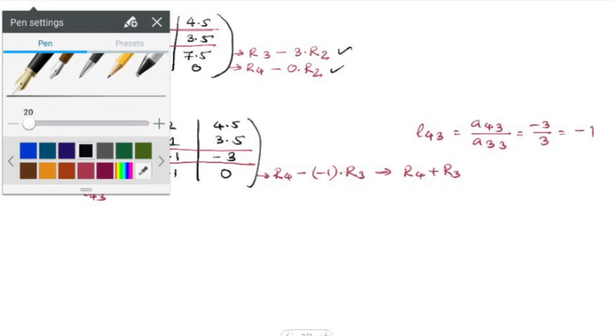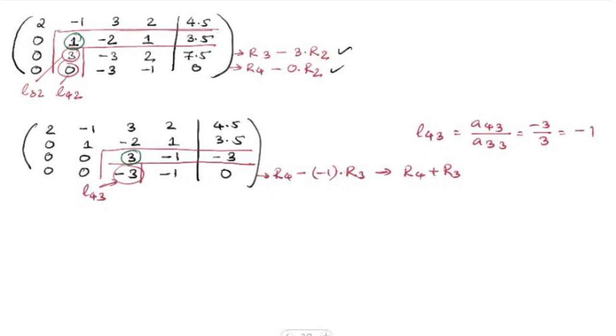So now let's start working to get our next matrix. But before that, let me write all the elements which are already fixed. They don't change anymore. So here we have minus 3, minus 1, 3, 2, and 4.5.